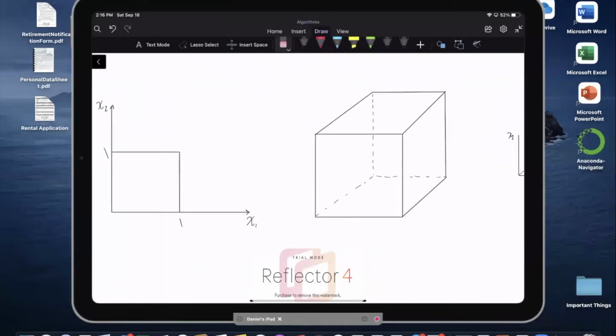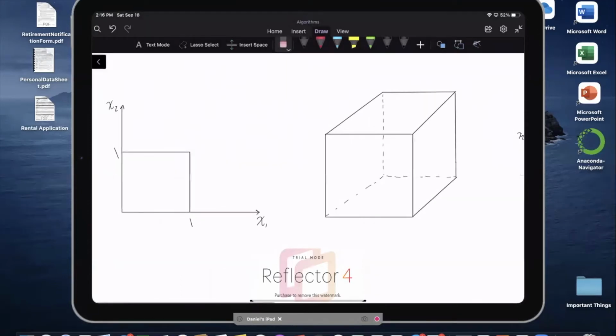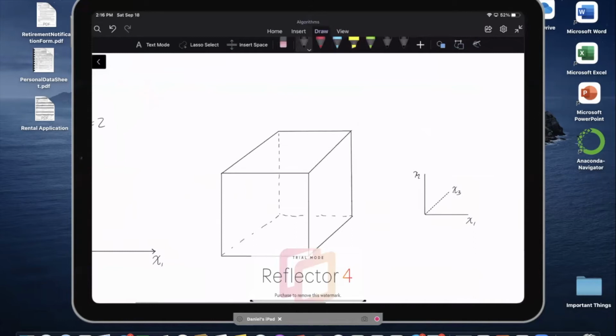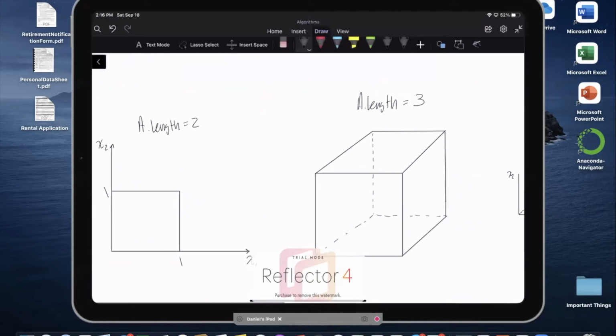Remember that we are interpreting our array as an n-dimensional vector, and then we are restricting it to the unit n cube, right? So if the array length is 2, then we have an x1 and an x2, and for the cube, the length would be equal to 3, right?